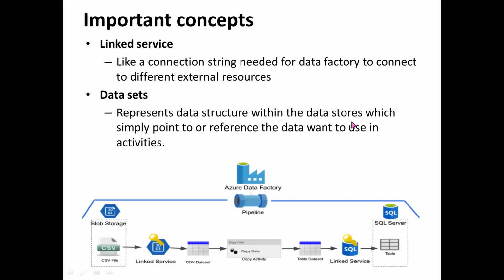The Salesforce or the Blob or Oracle might have multiple data stores, multiple tables, multiple formats. Out of that, which one are you going to use? That's where the reference point comes in, the reference to the data that you want to use in the copy activity or any activity, which represents the data set.